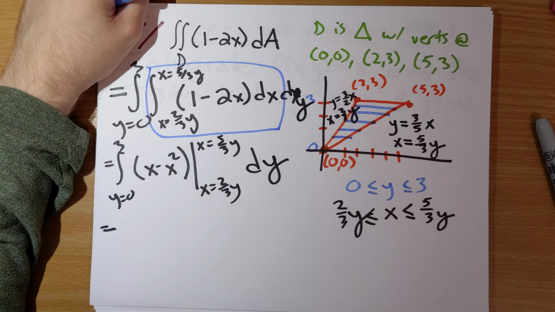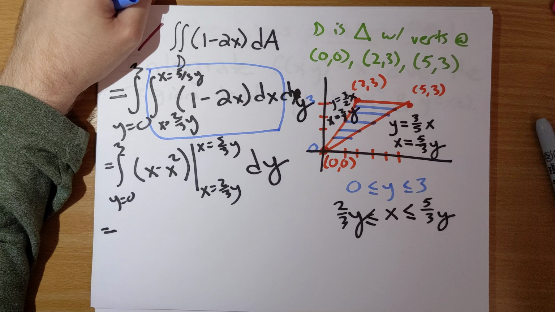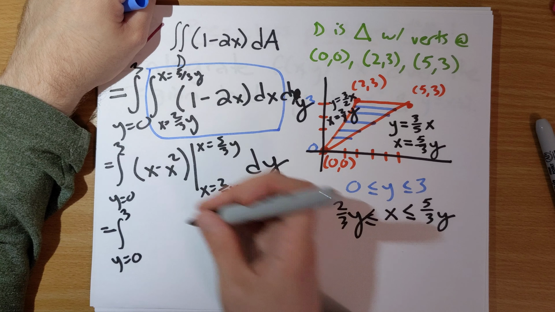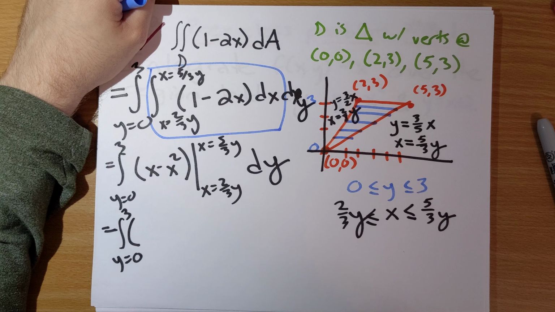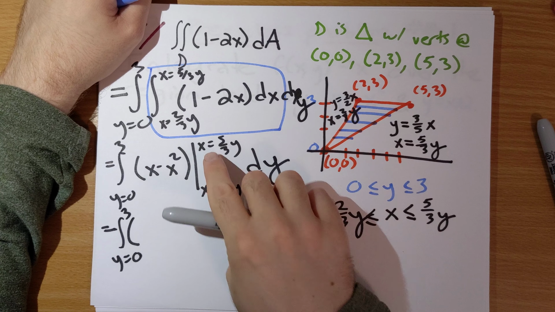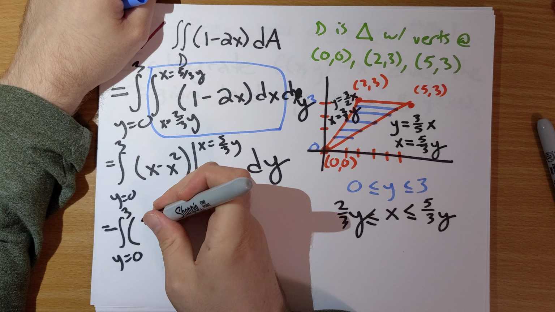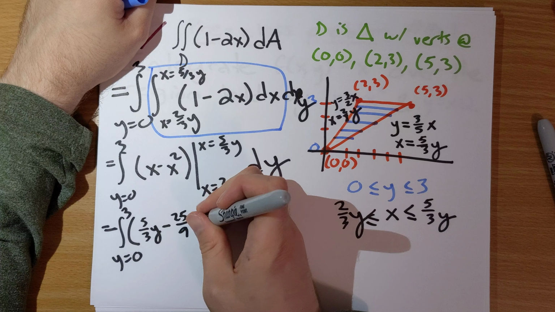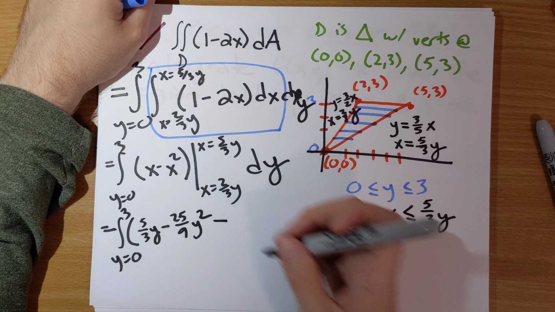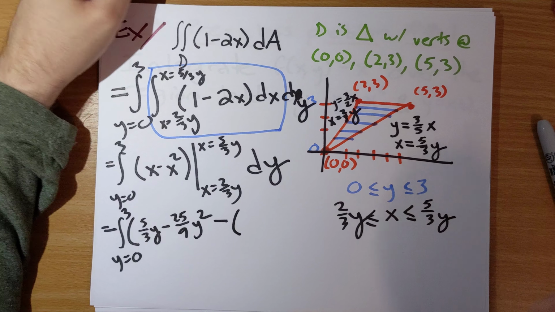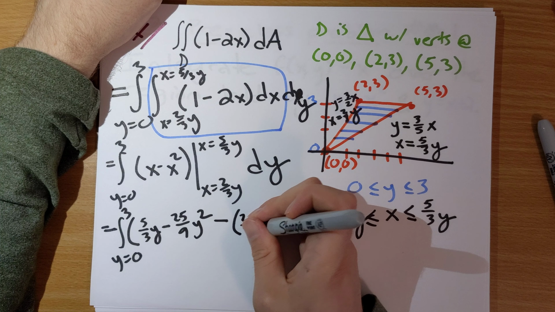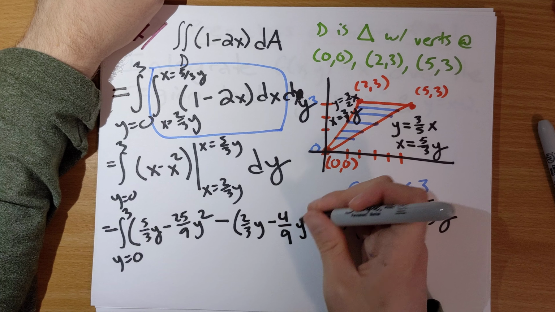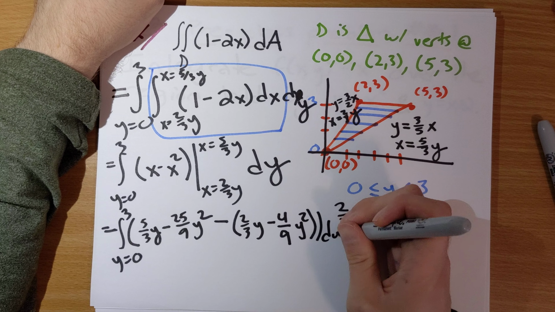And so when we plug in these things, we end up with the integral from y equal to 0 to 3 of, when we plug in x equal to 5/3 y, 5/3 y minus 25/9 y squared, minus, now we plug in 2/3 y, 2/3 y minus 4/9 y squared, dy.